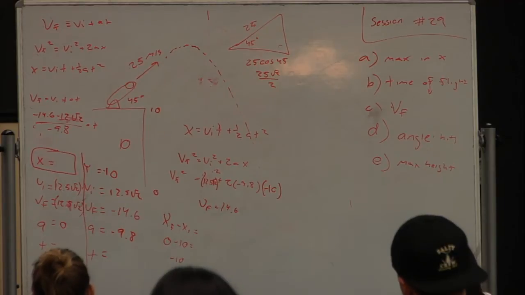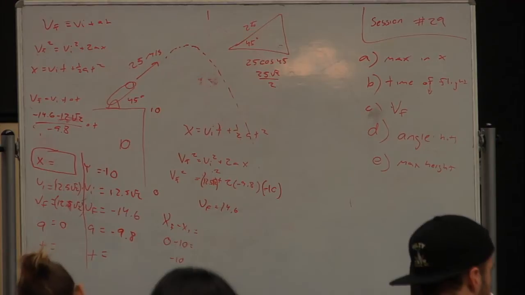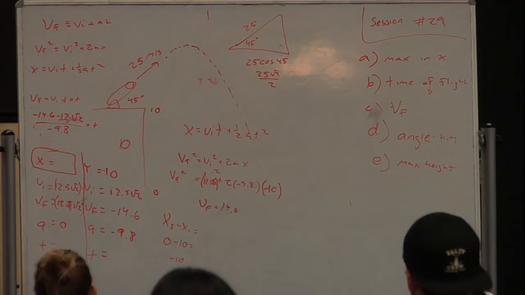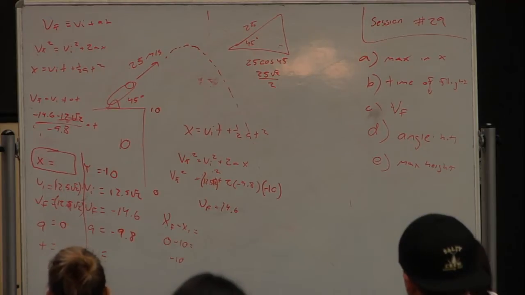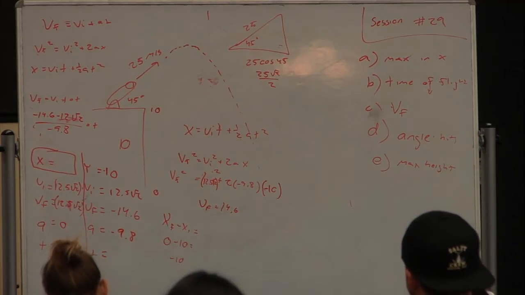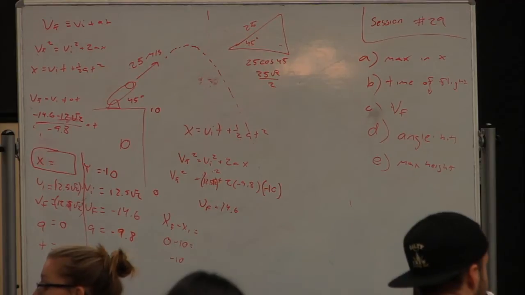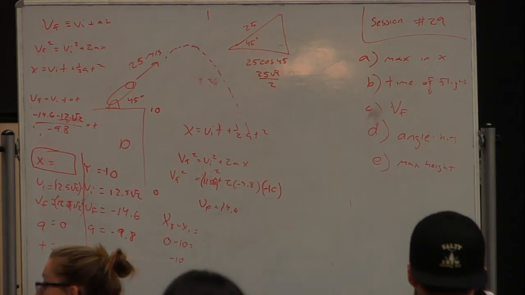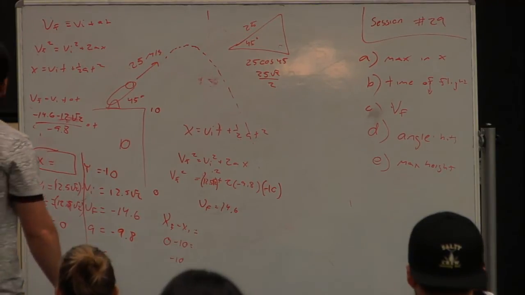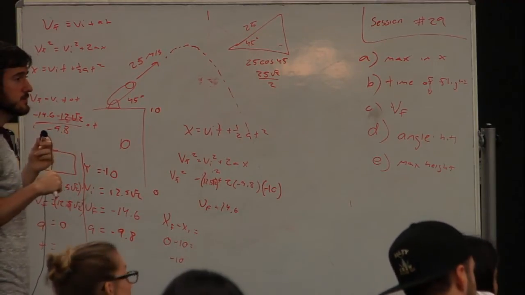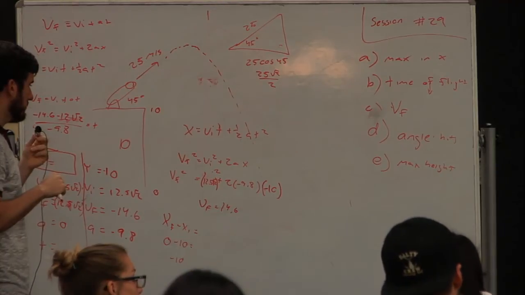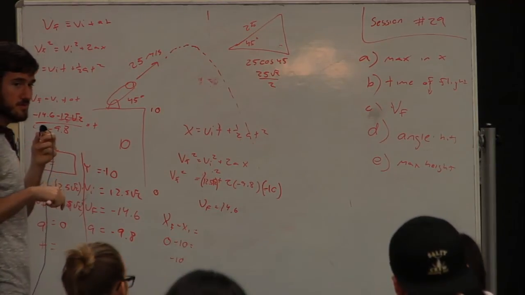So what do we get for time? It's going to be like 2 seconds. No? No one else? No one's doing this? How'd you get a different final velocity? You did, okay, so it's 22.25?